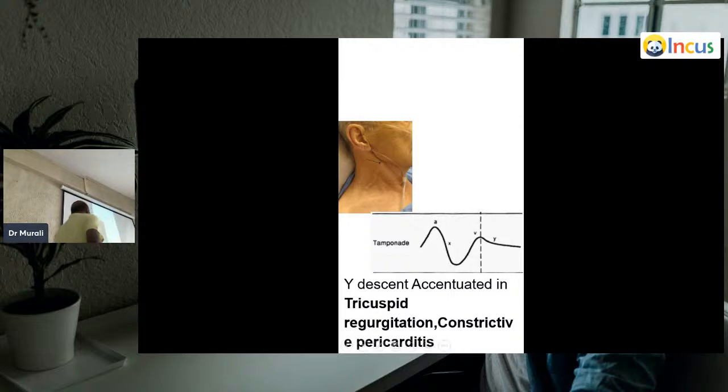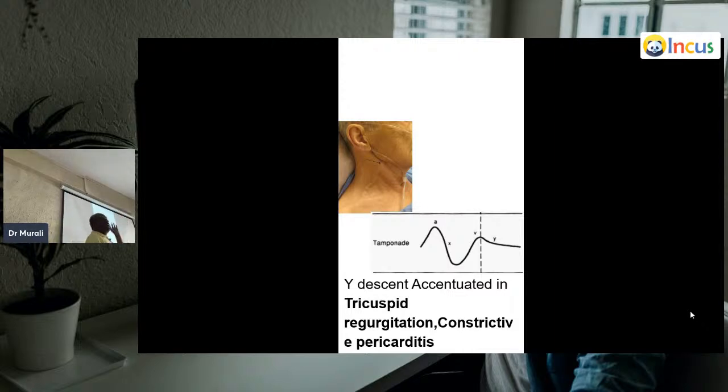Alright? Now, what leads to accentuation of the Y descent? Once more the same story. What is the story? Any descent is grand, accentuated, if the starting point of the fall is at a higher pressure. So imagine, if there is a tricuspid regurgitation, what happened?